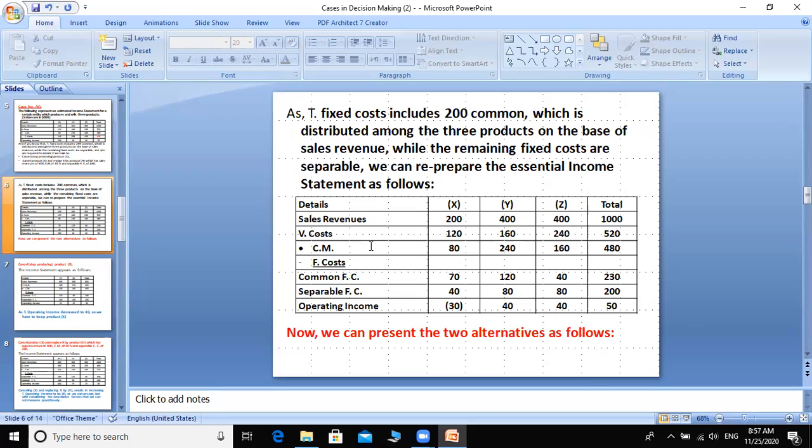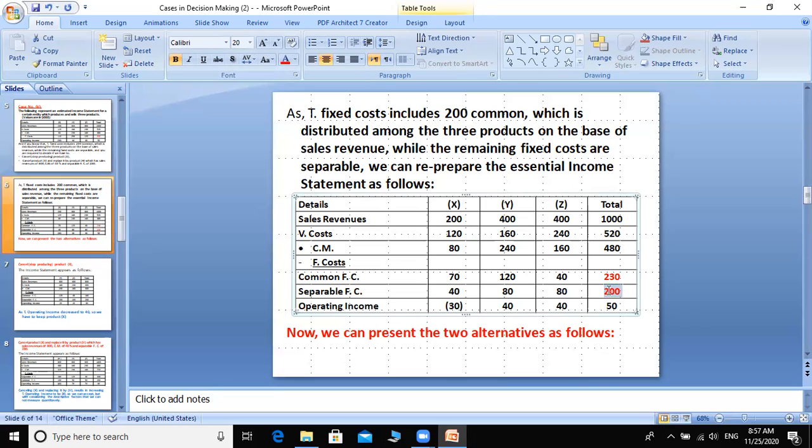X, Y, and Z. Sales revenue, just the same. Variable cost, contribution margin. Then the fixed cost will be divided: the 430, 230 and 200. The total means 430.